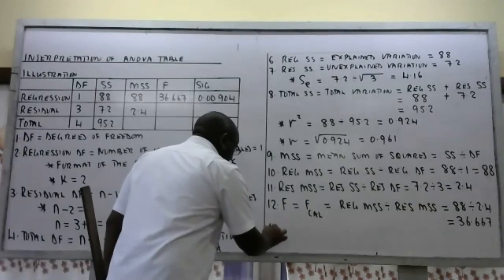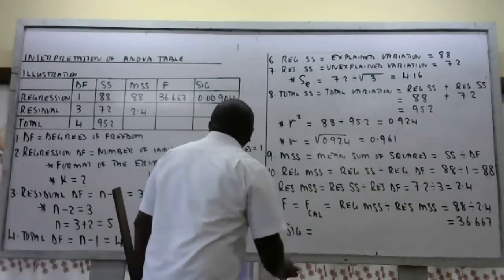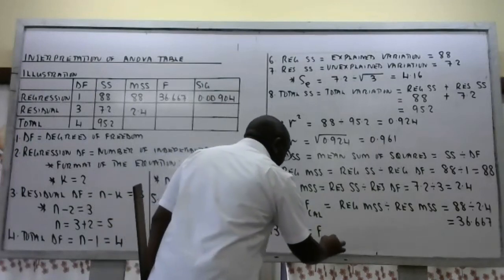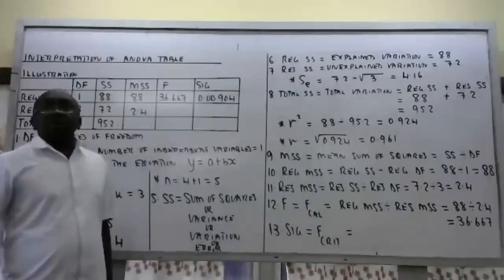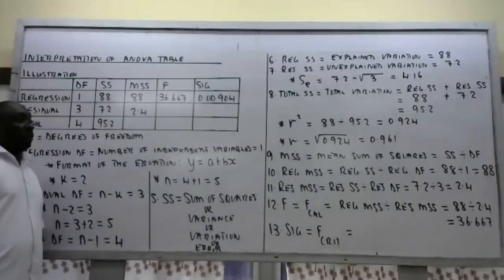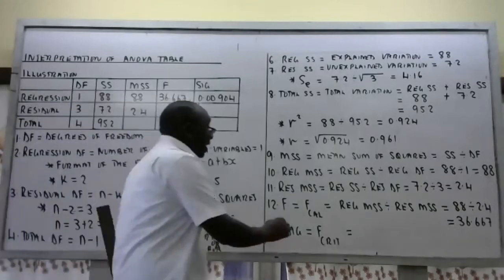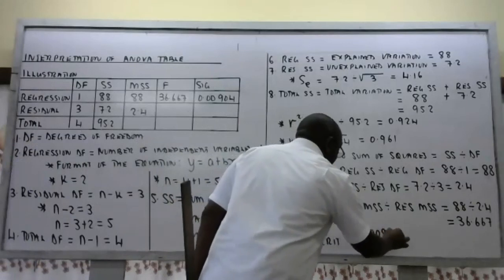Then number 13 is the significance F. Now that value that follows there, it is what in the notes we call F critical, and this one is given as 0.00904.